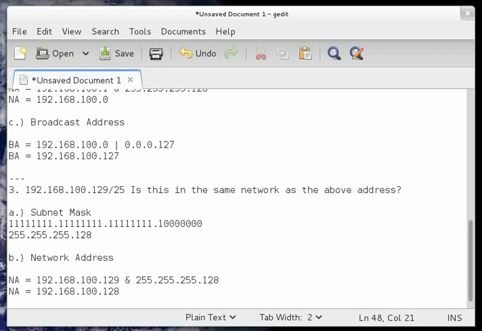So since we don't have the same network address, that means 192.168.100.129/25 is not in the same network as 192.168.100.1/25. That is all for today.